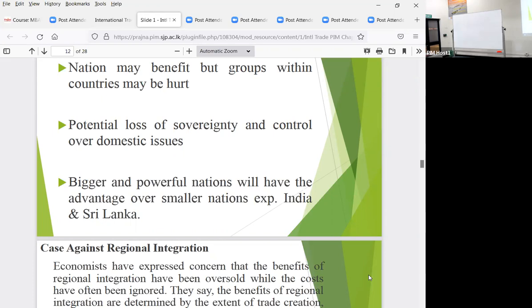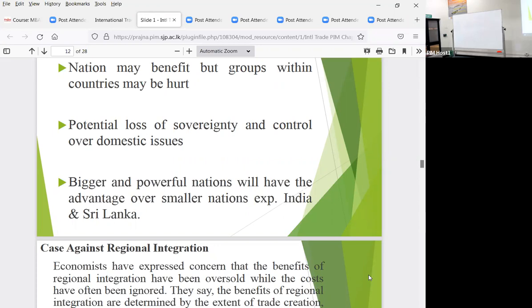Trade is created, right? For example, if you are looking at a garment factory, and I'm just taking one example, operating in a Western country, the cost may be say $10 for a piece. So if you are shifting the same thing to a country like Sri Lanka, where the efficient labor is there, probably you can produce that $10 to $5.